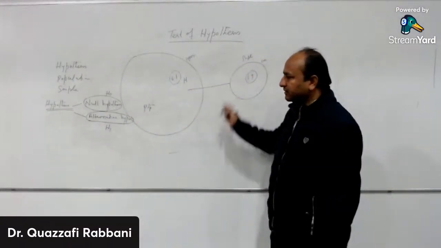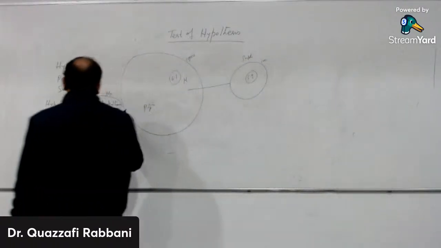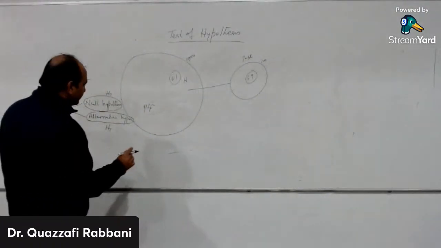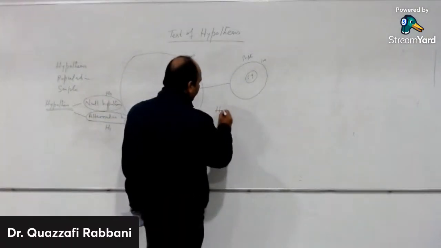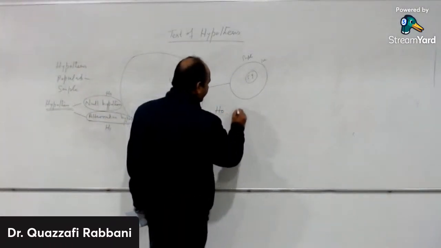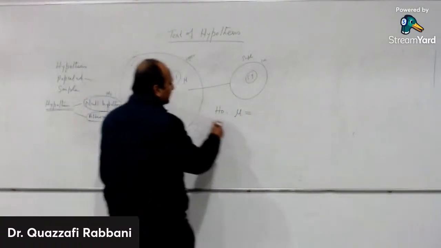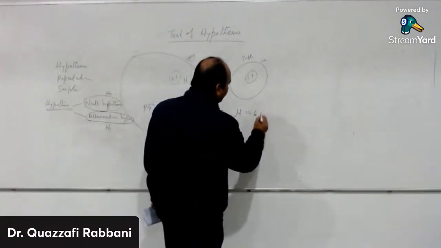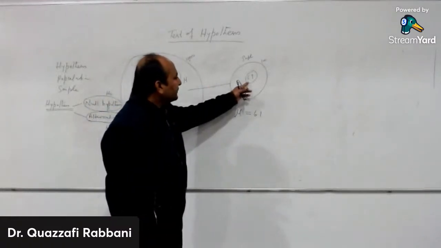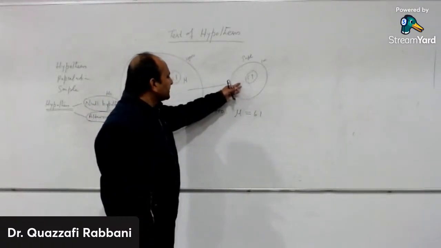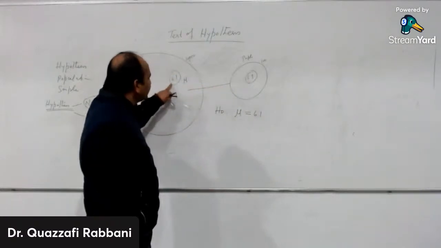So for the population, the null hypothesis can be written as H naught: mu is equal to 6.1. This is what is claimed. So null hypothesis means that although the sample value is different, we say that there is no difference and we support this claim.